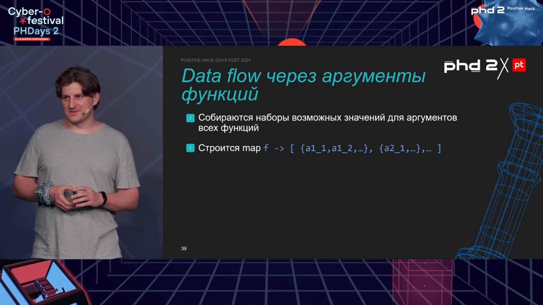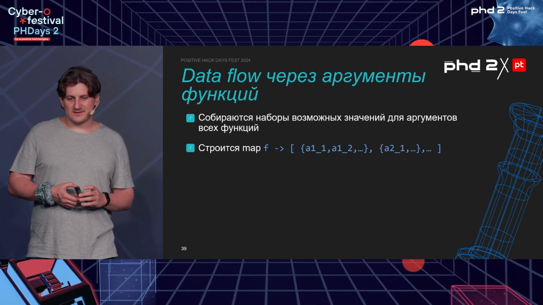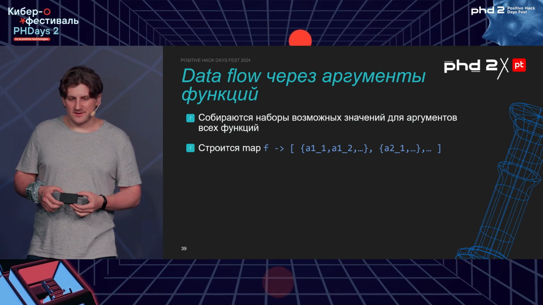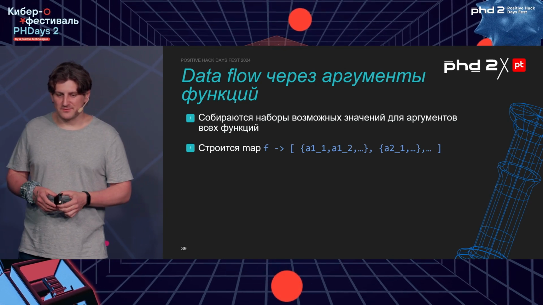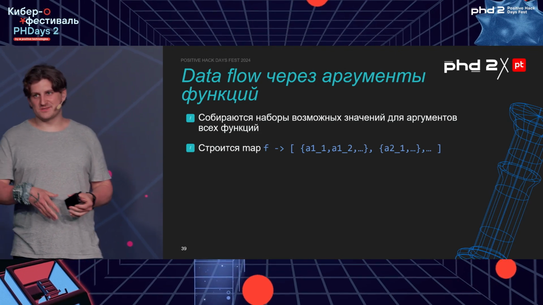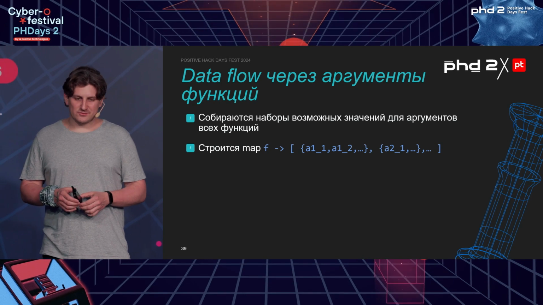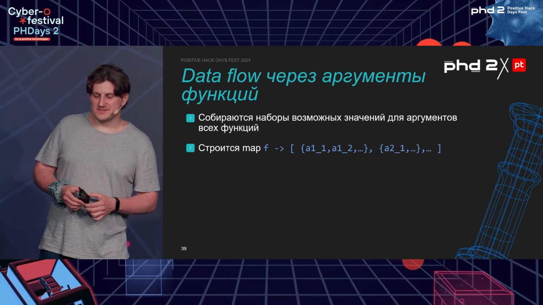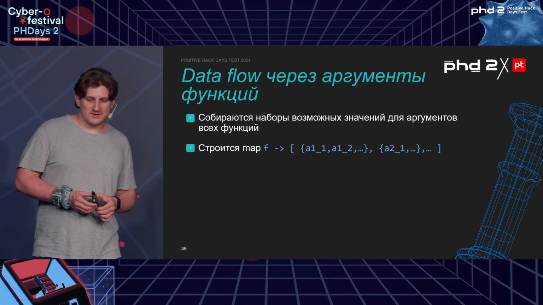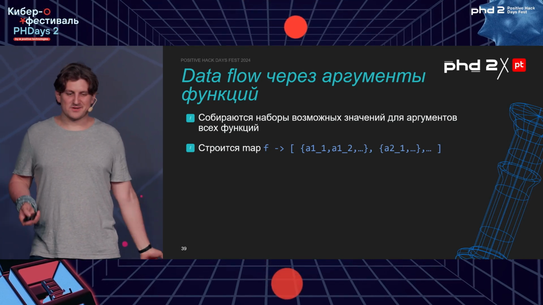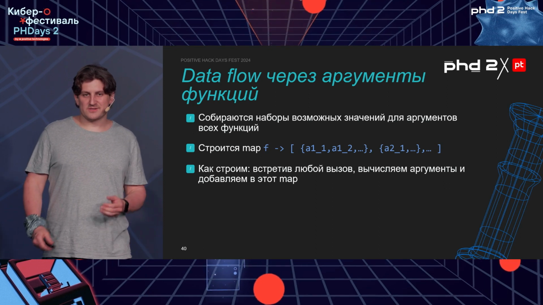Let's move on. Now, the next thing that got updated is the collection of arguments for all functions in the program. For all the functions, we collect sets of potential values for the arguments, and then we develop a separate map. The value is effectively a set which contains potential values for argument 1, for argument 2, and so on and so forth.